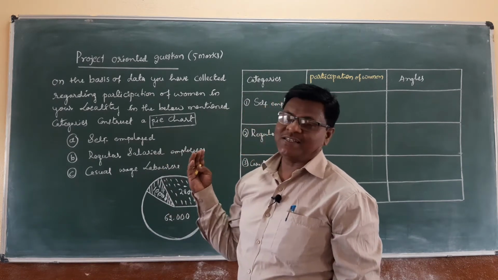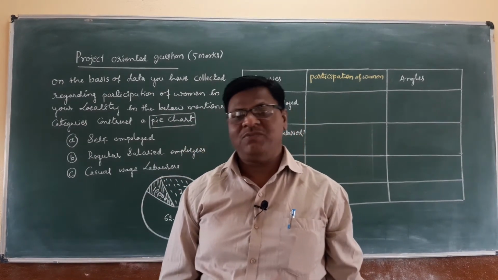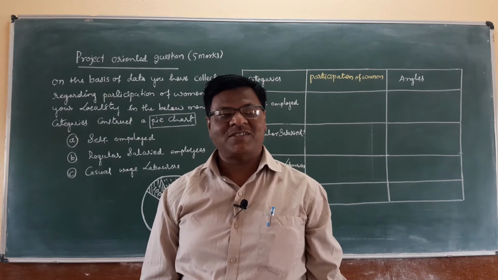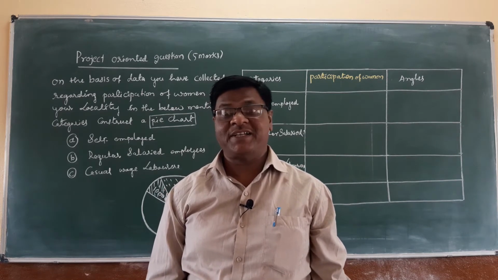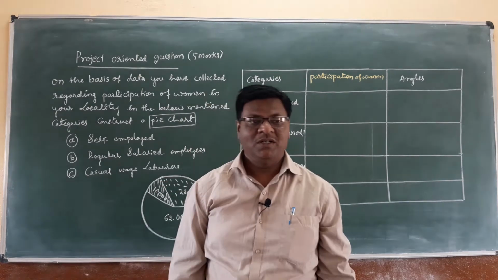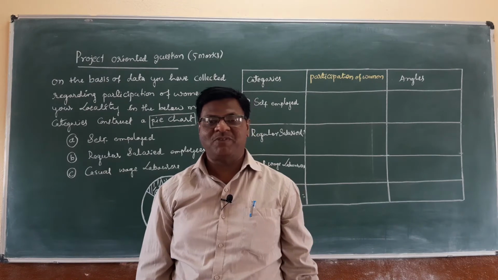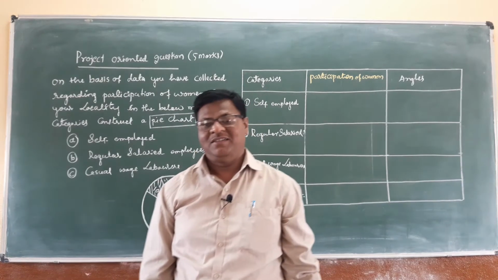The project, this is the last question. It is a very important question for you. It is for 5 marks and it is a project oriented question. We have to learn how to draw the pie chart on the basis of your own collected data.